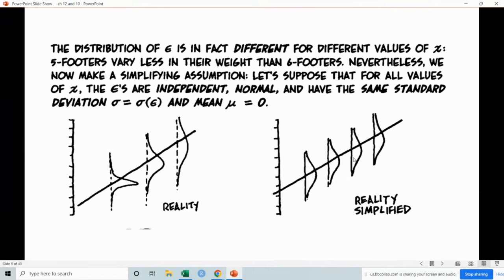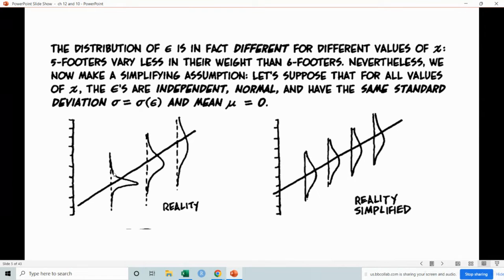But nevertheless, we now make simplifying assumptions. Let's suppose that for all values of x, the errors are independent, normal, and have the same standard deviation. Basically, that gets shortened down into something called IID, independent, identically distributed. It's one of the assumptions that allow us to do linear regression.